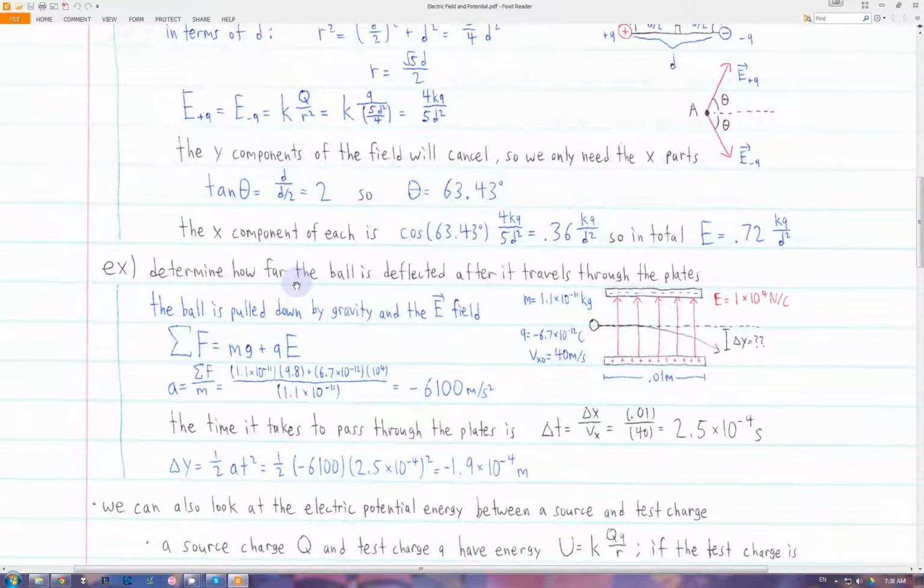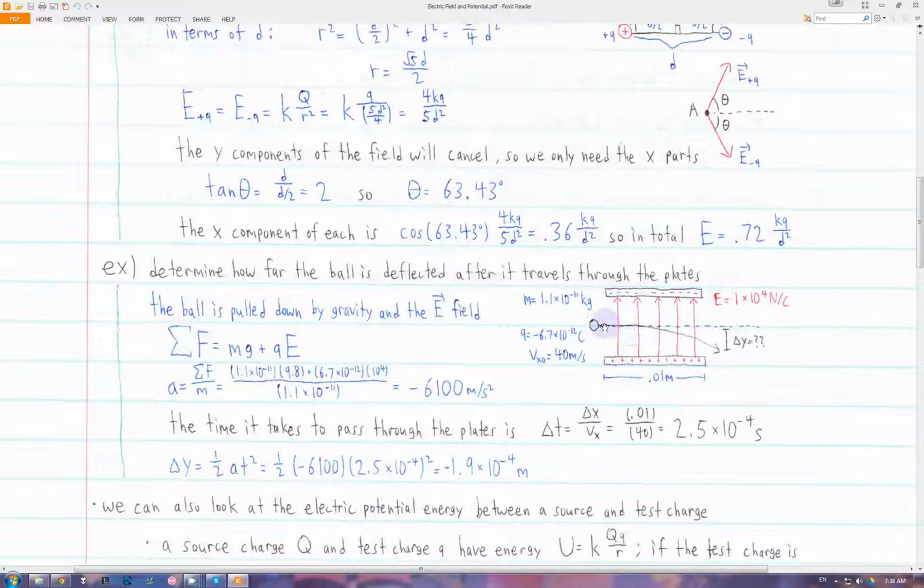So let's say we have these two charged plates that make an electric field, and we have a ball that goes through the plates. So the ball has a mass and charge of this, and initially it's moving 40 meters per second in the x direction only.